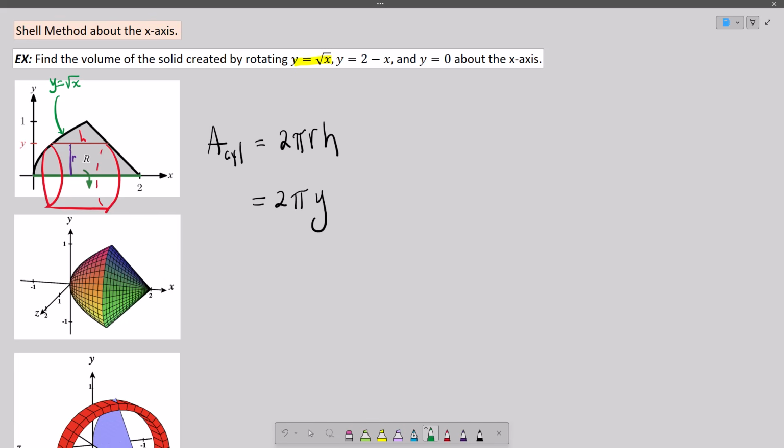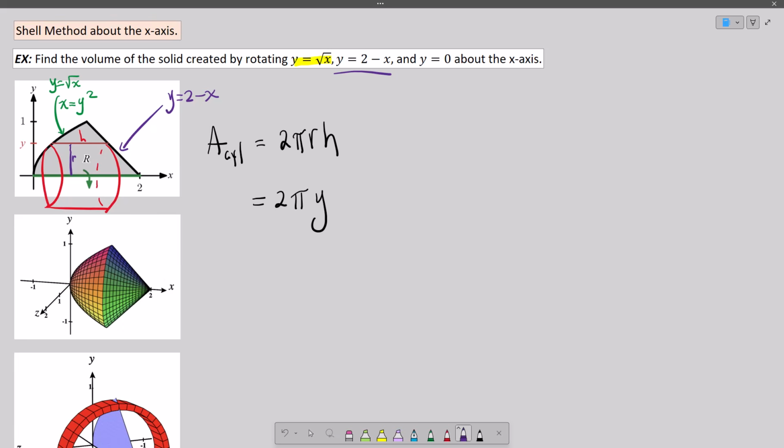But if we're measuring horizontal distance, we need to isolate x. So what is x going to equal? We're going to square both sides. And then over on this side, this curve is y equals 2 minus x. It's measuring height, not horizontal distance.